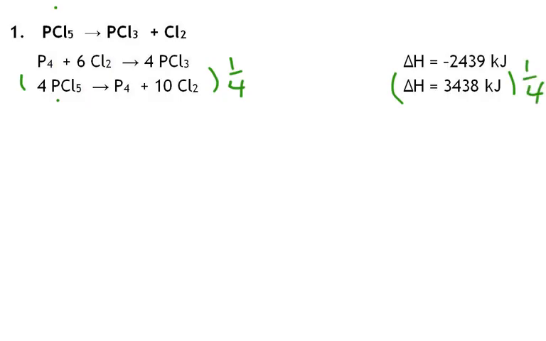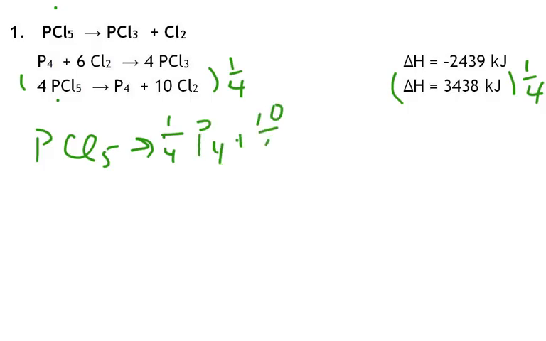So I'm going to go ahead and do that. So we end up with PCl5 going to 1/4 P4 and 10/4 Cl2. Go ahead and leave it as an improper fraction for right now.